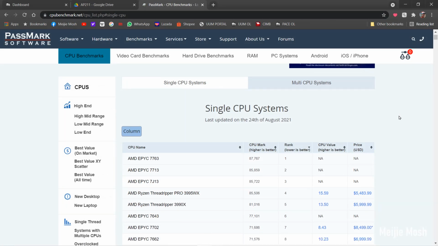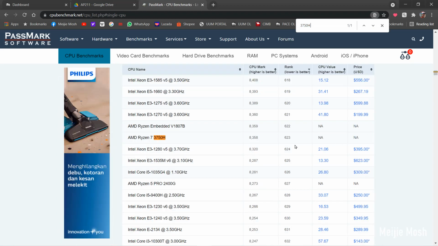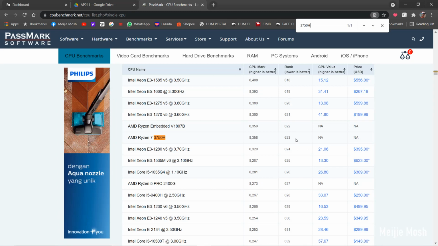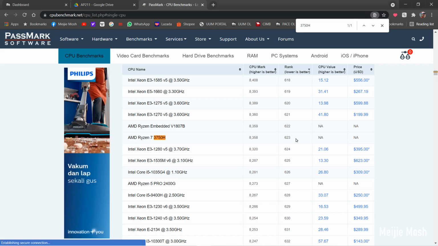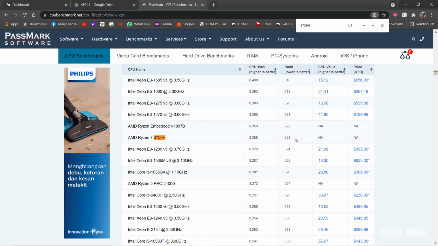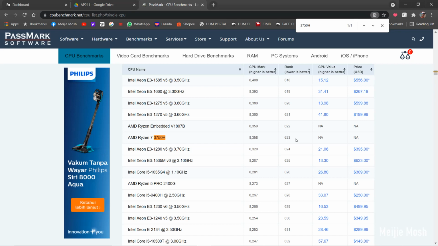If I use Control F and find 3750H, you can see that the rank now is around 600. Before it was less than 200, about a year ago it was around 150 rank, and now it is more than 600.